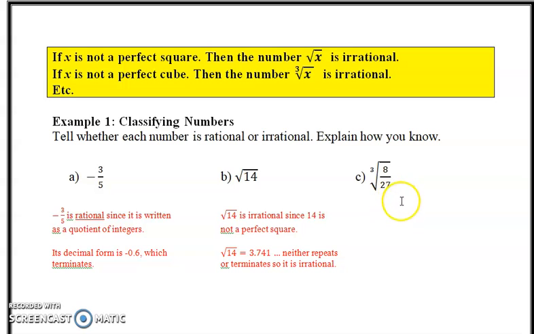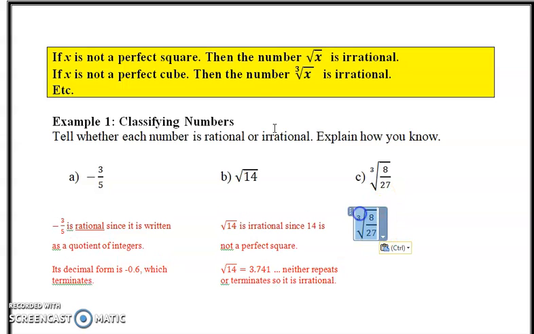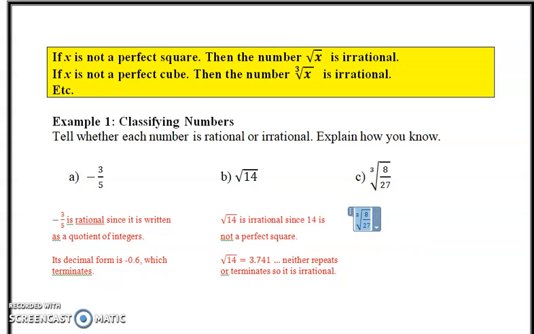And the last one here is the cube root of 8/27. Now this one might be a little harder to see, but I will show you. It is rational.